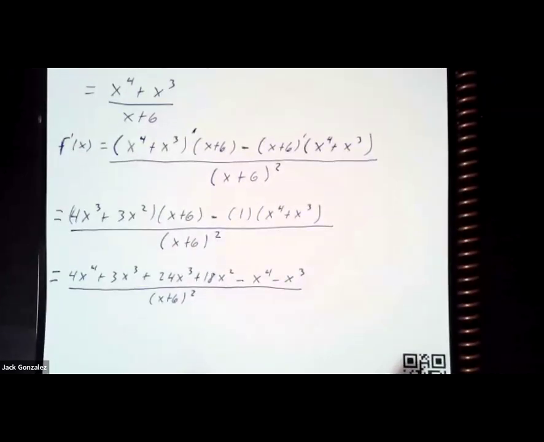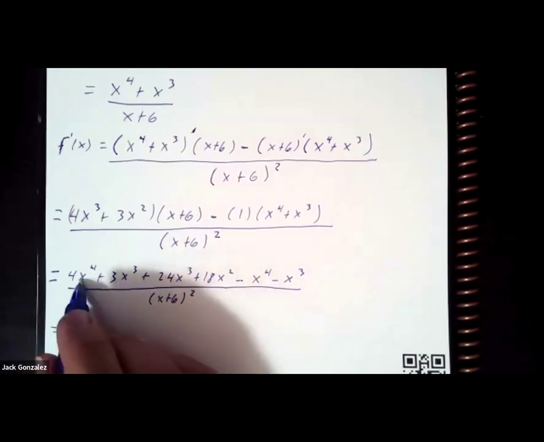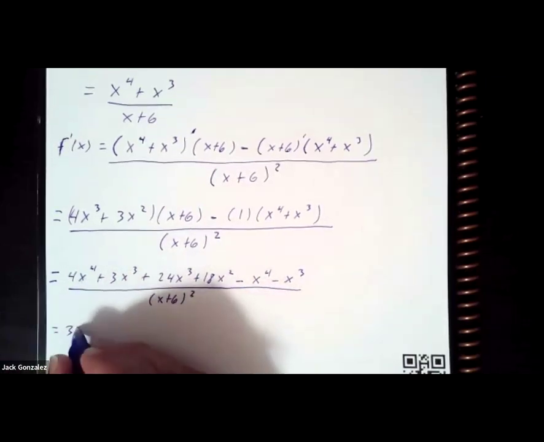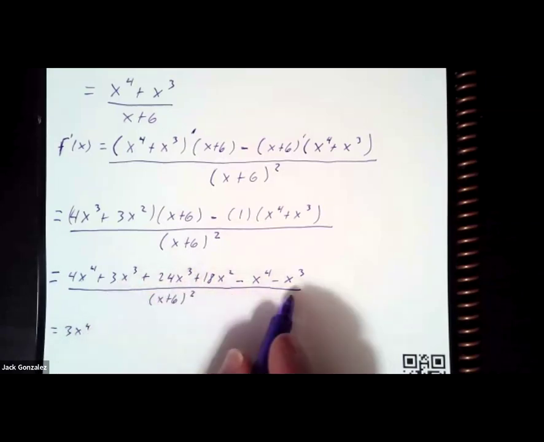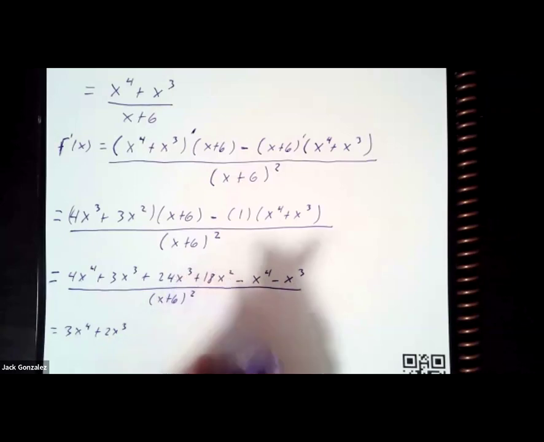There we go. Combine like terms, and we'll get 4 minus 1, 3 minus 1, plus 24.